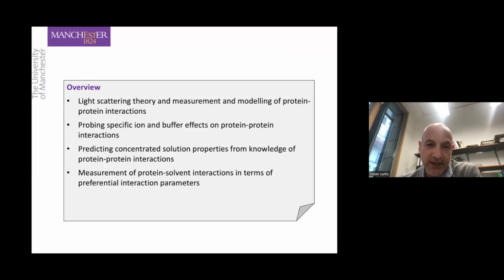Then I want to look at connecting the two-body interaction between a pair of proteins, which you measure under dilute solutions, to the concentrated solution properties. And lastly, I'll discuss how we can use light scattering for measuring protein-solvent interactions in terms of preferential interaction parameters.